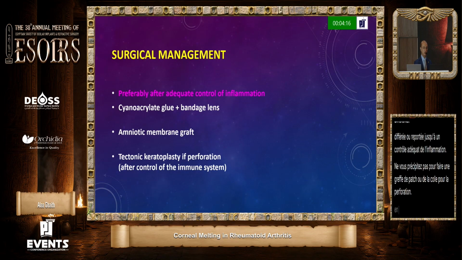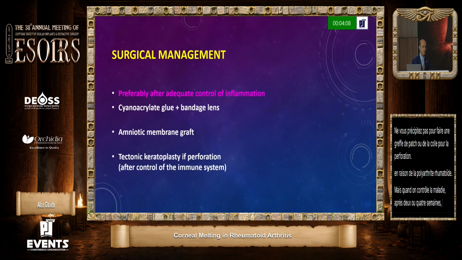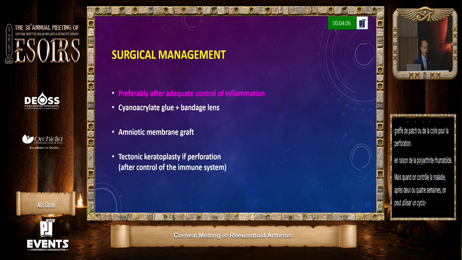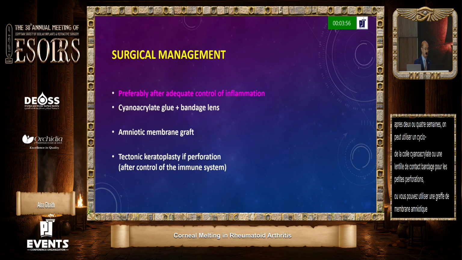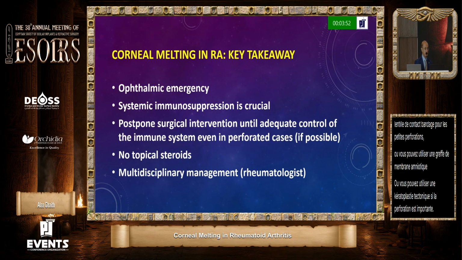But when we control the disease after 2 weeks, 4 weeks, you can use a cyanoacrylate glue or a bandage contact lens for small perforations, or you can use an amniotic membrane graft, or you can use a tectonic keratoplasty if the perforation is large, and after, of course, control of the immune system.